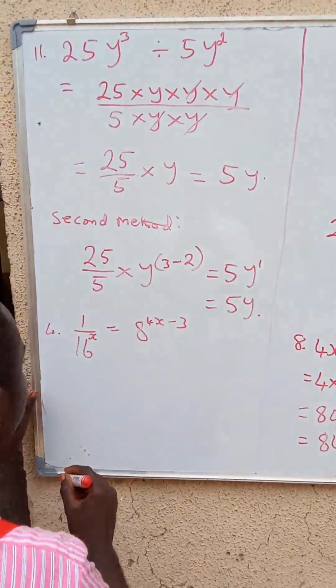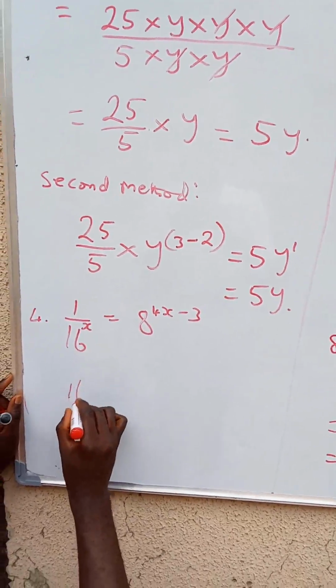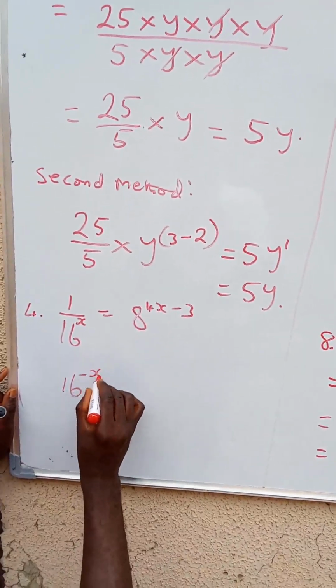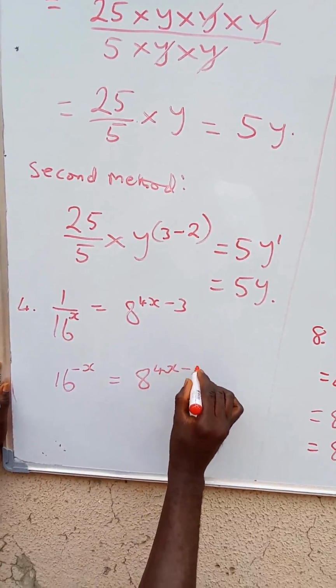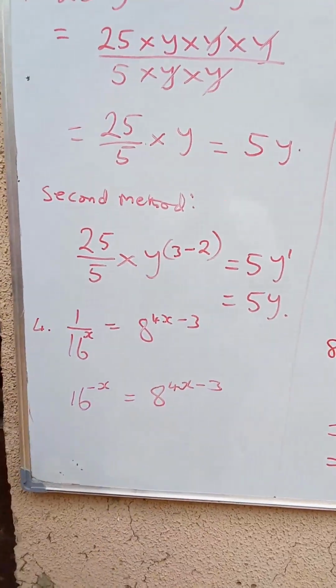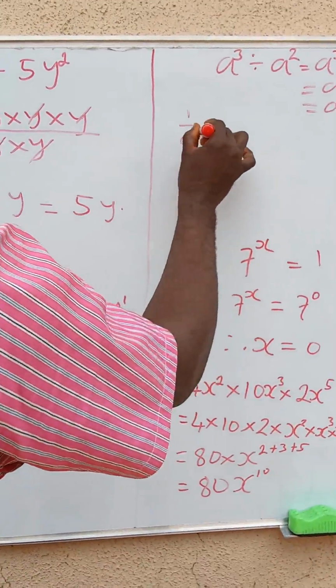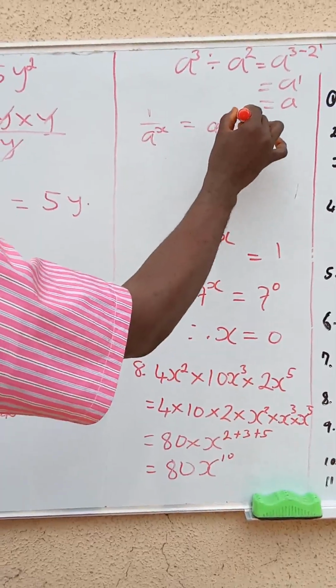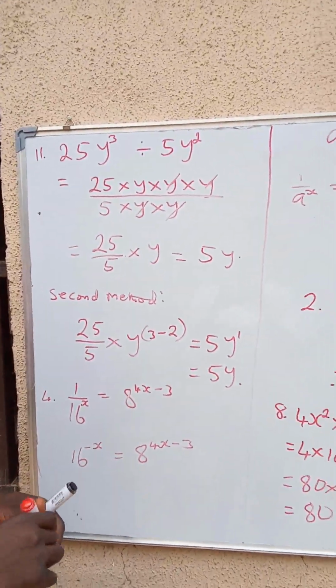Now, in this case, first thing, remove the fraction. That is 16 raised to the power of minus x is equal to 8 raised to the power of 4x minus 3. The first thing you do, remember, we said that 1 over a raised to the power of x is the same thing as a raised to the power of minus x. That's what I'm applying here.